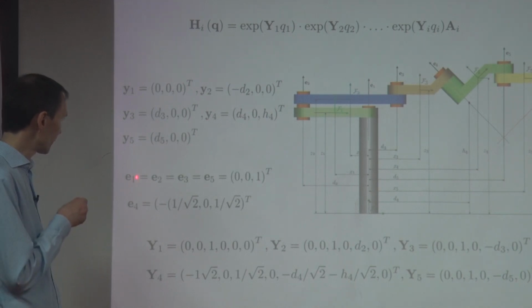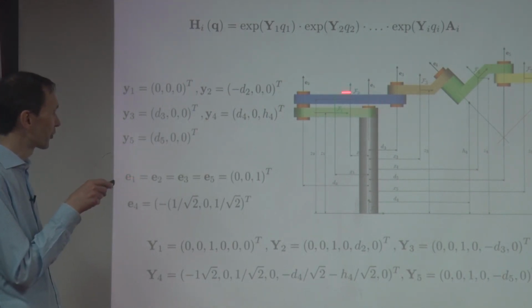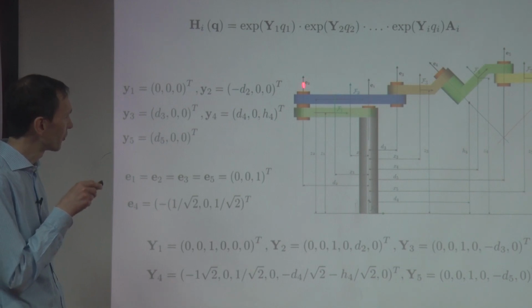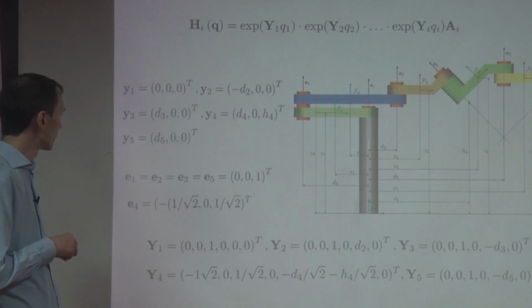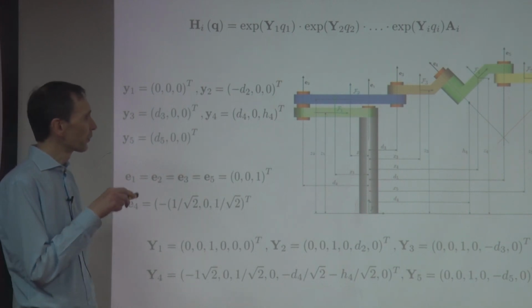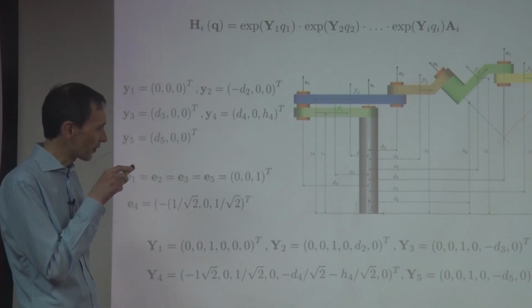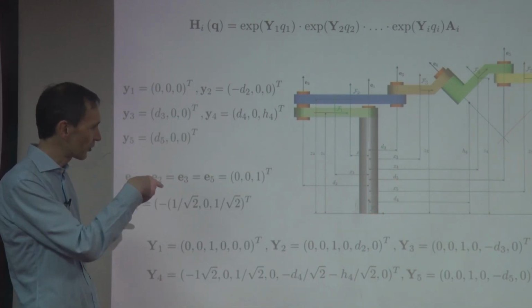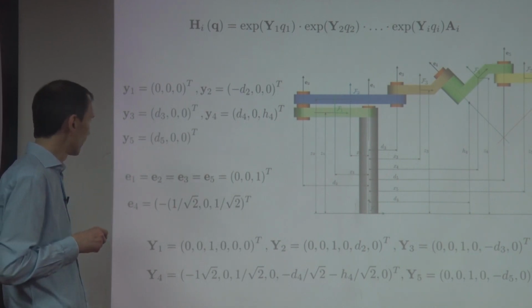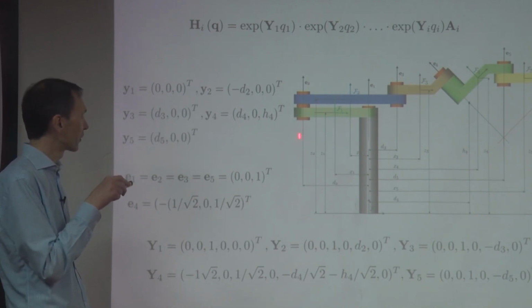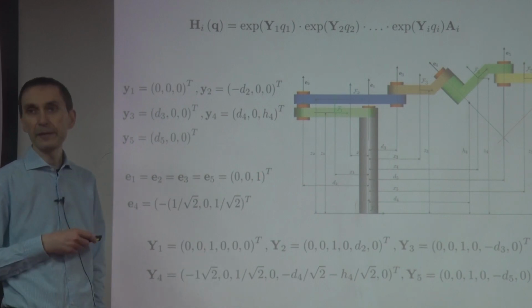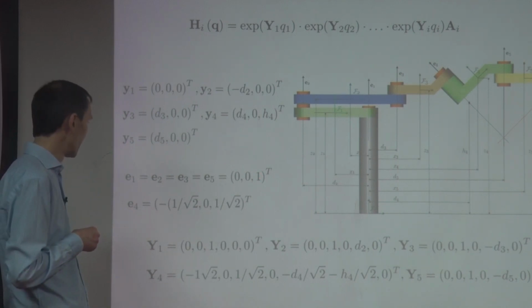Okay, so unit vectors of the first, second, third, and fourth, no, 5, 1, 2, 3, 4, 5. These joints, they all go along the z-axis, right? So we have x, y goes this way, and z goes upward. So they are all pointing along the z-axis, so it's 0, 0, 1. Pretty simple.